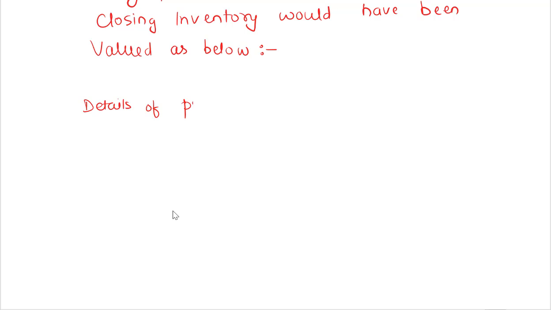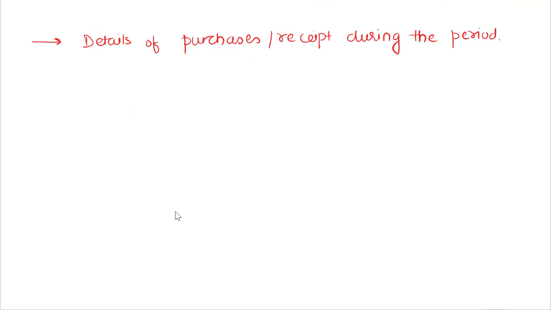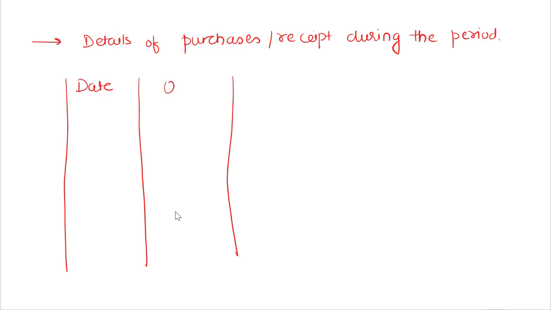Just write over here, details of purchases or receipts during the period is as follows: date, quantity, rate, and value.